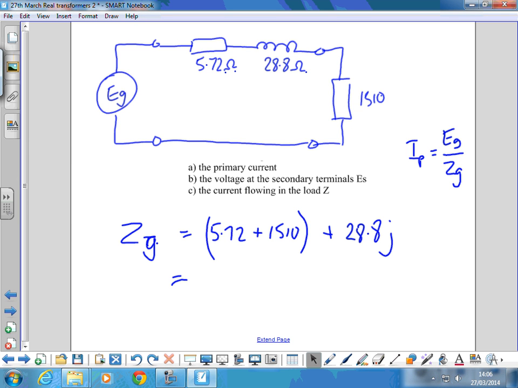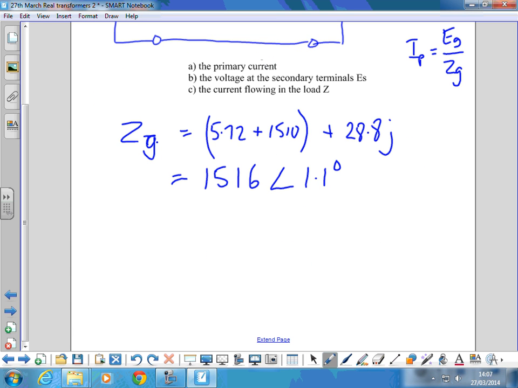We'll put the angle in degrees there for completeness. Actually, we're not being asked anything about the power factor, so really what we're interested in is the magnitude anyway, this number here.